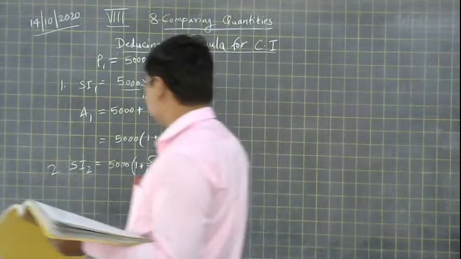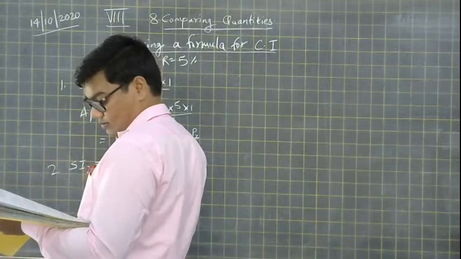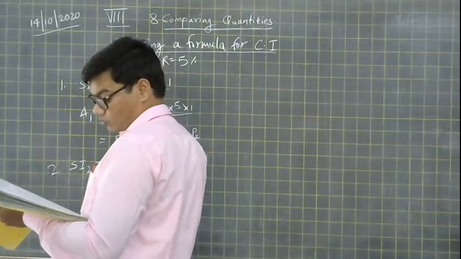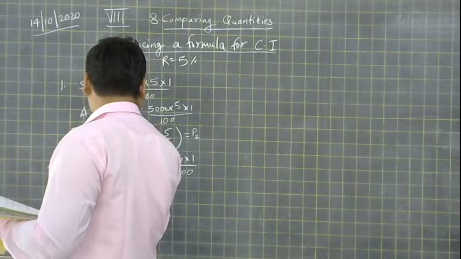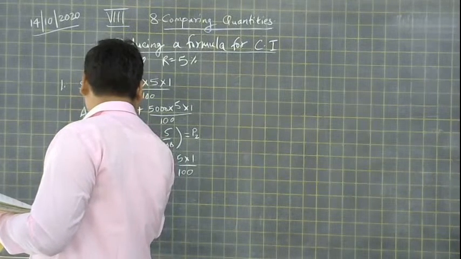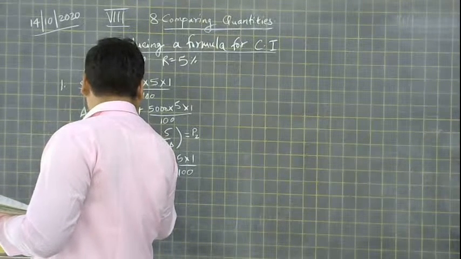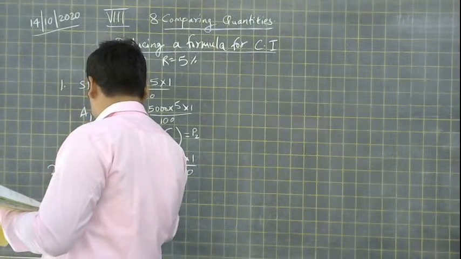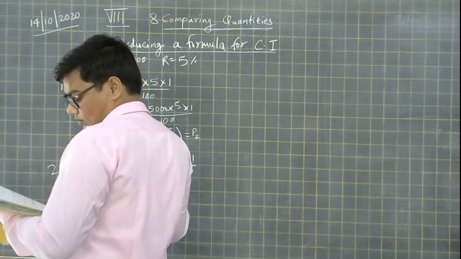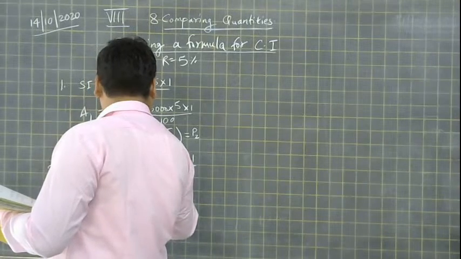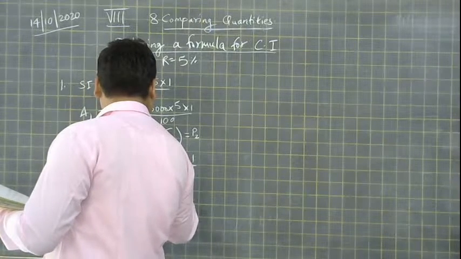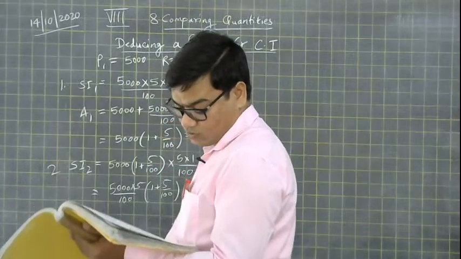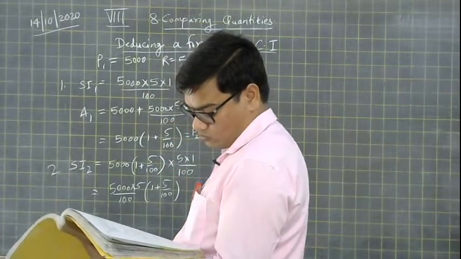So this is equal to 5,000 into 5 by 100 into 1 plus 5 upon 100.